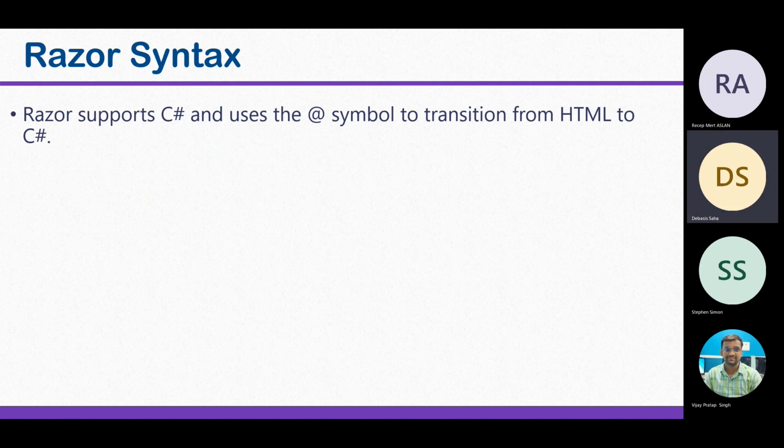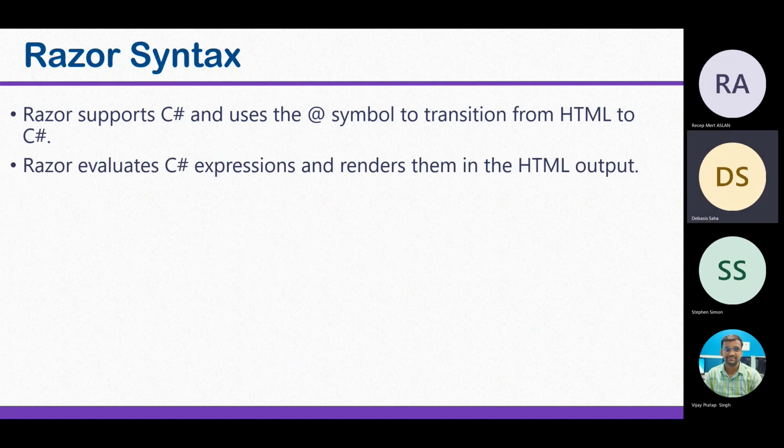Because we normally write both types of code, HTML and C# Razor code, in a single file, when we start writing the code we need some identification of where the Razor syntax starts and where it ends. That identification or markup is done by the symbol. So Razor evaluates C# expressions and renders them in the HTML output.